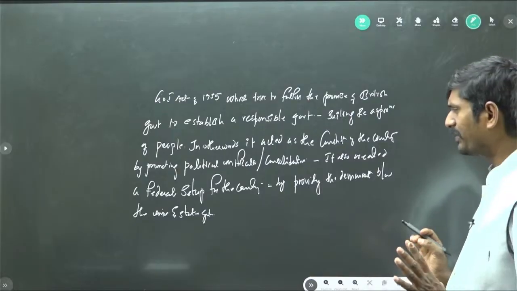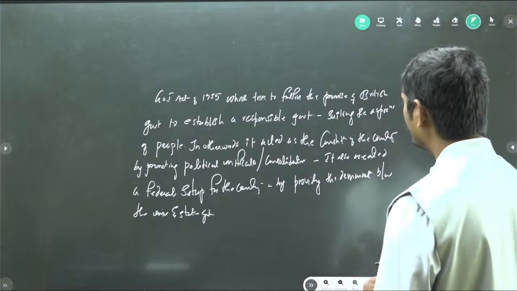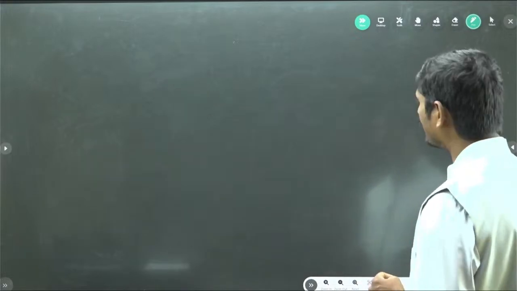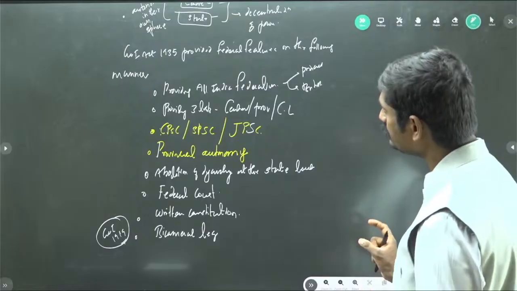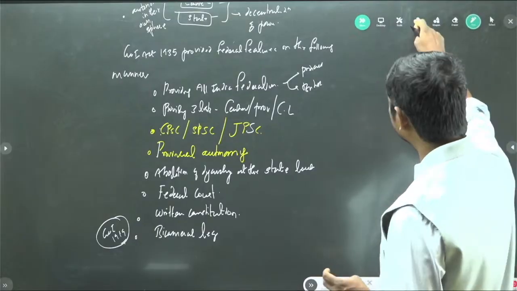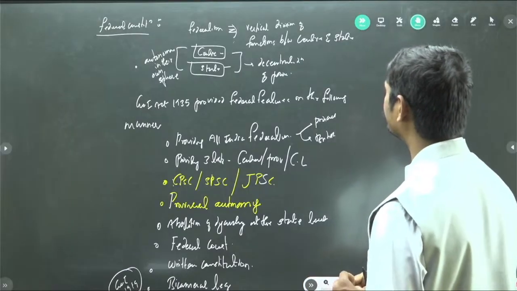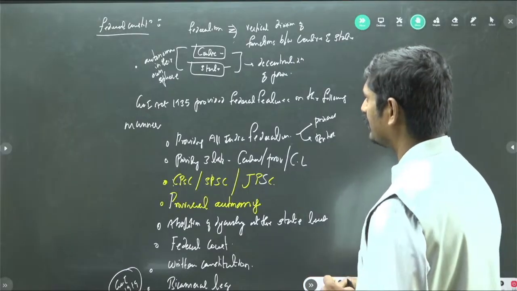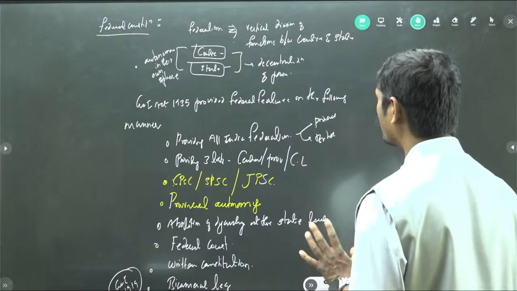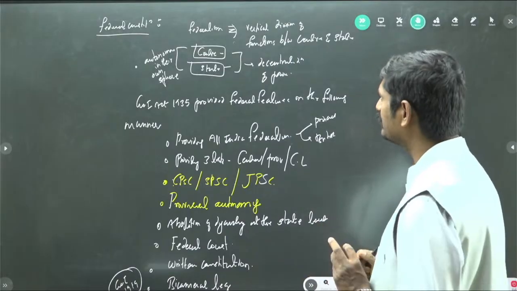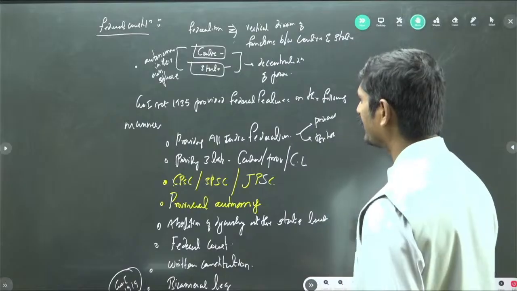So I wanted to present more information here. Then you need to write how it is a federal constitution, right? Federalism means vertical division of functions between center and states, giving autonomy to the center and states in their own spheres, and thus it reflects the overall decentralization of power, right?